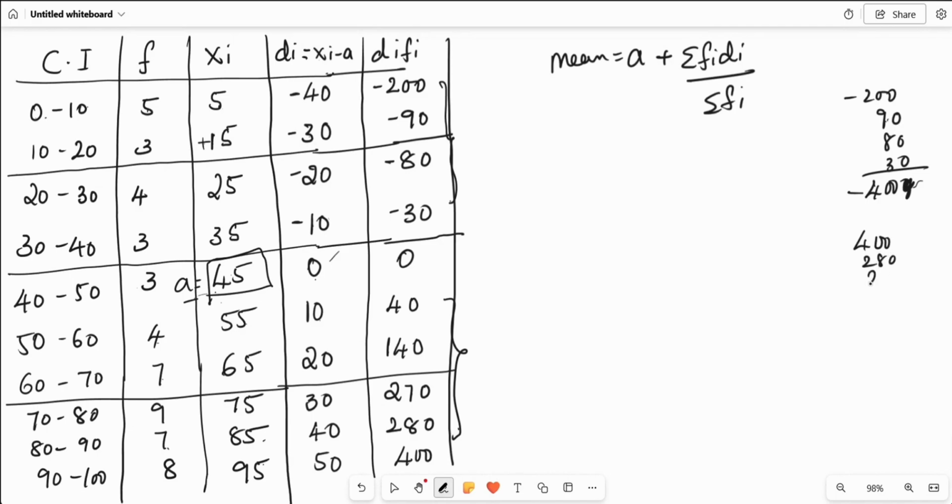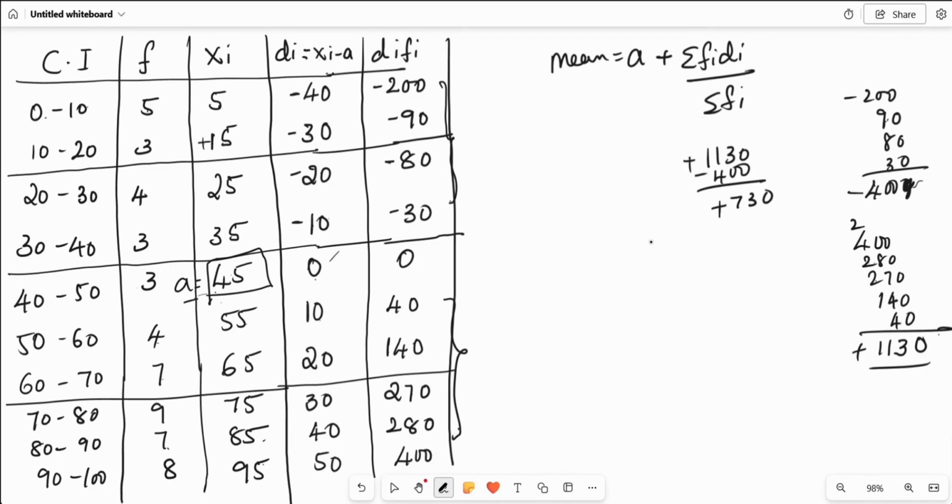If you add everything here, 400, 280, 270, 140, 40, 1130, right? So this is a positive number. Then do the subtraction, 1130 minus 400, 730. So this is plus and this is minus, so it is plus.